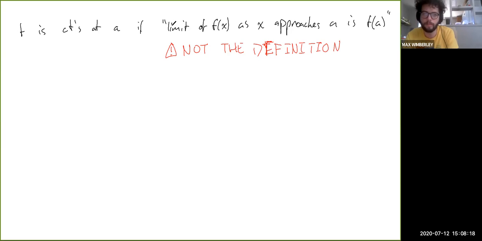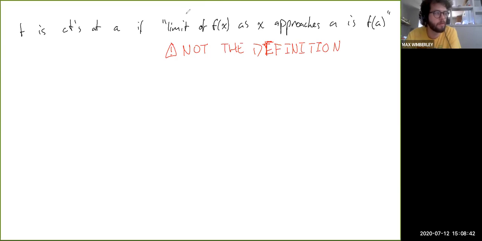We haven't defined what it means to take the limit of a function of a real variable. The only types of limits that we even know about right now are limits of sequences, okay? So this is an obstacle for us, but I just want to examine how we might try to define the notion of continuity based on this idea, right?